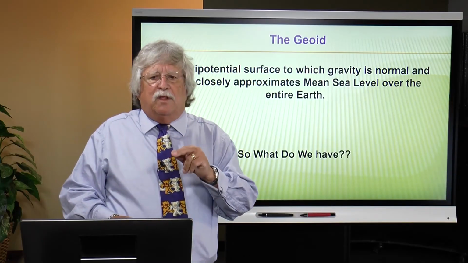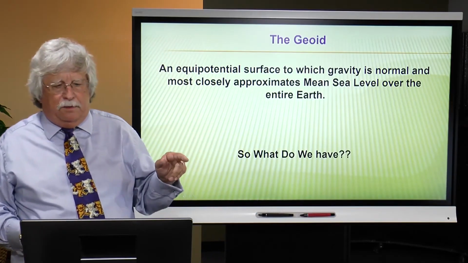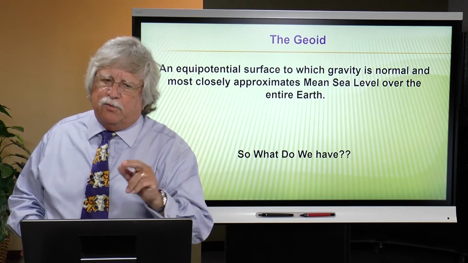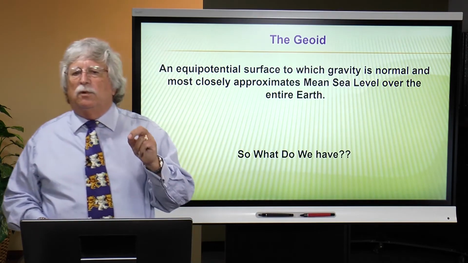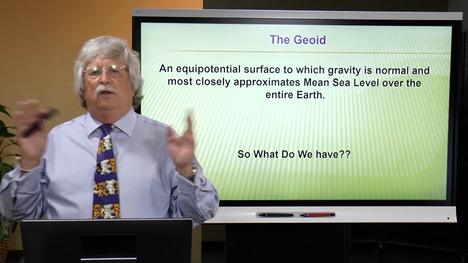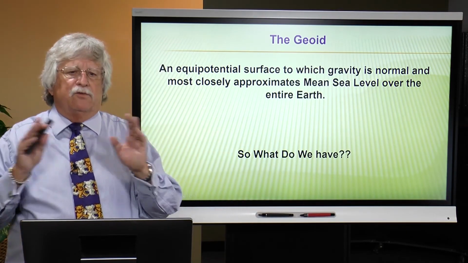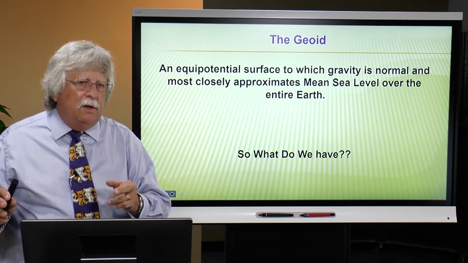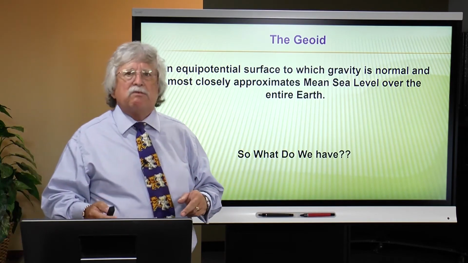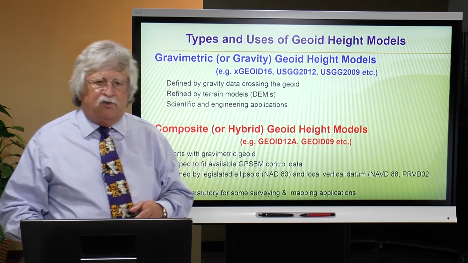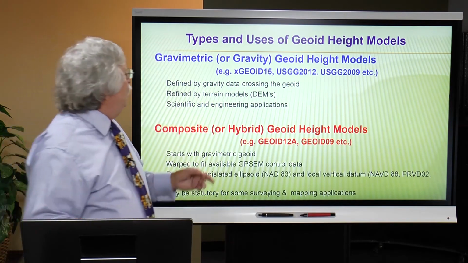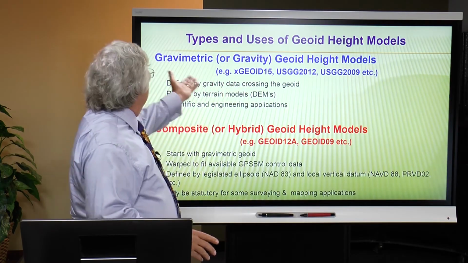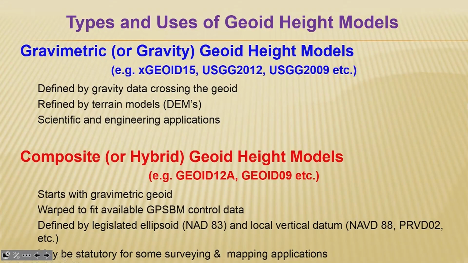I brought this slide earlier in the first presentation, but now I just want to repeat it. The geoid, an equal potential surface to which gravity is normal and closely approximates mean sea level on a global basis across the whole Earth. Well, that's not what we have. So if that's not what we have, what is it we do have? Well, what NGS has are two types of geoid models. They start off with the best gravity data, and that's referred to purely as a gravimetric geoid.